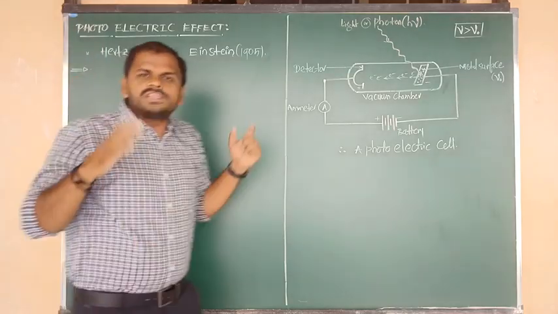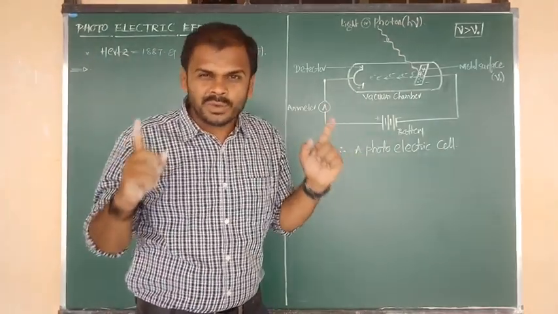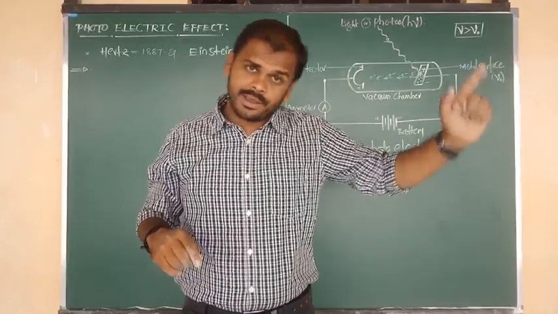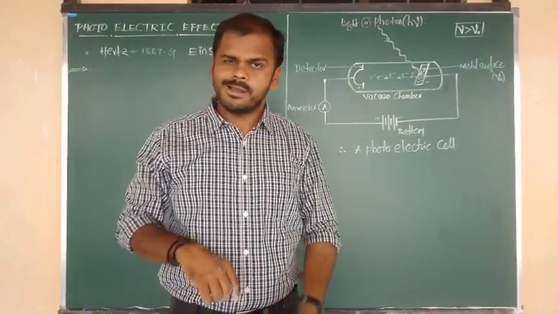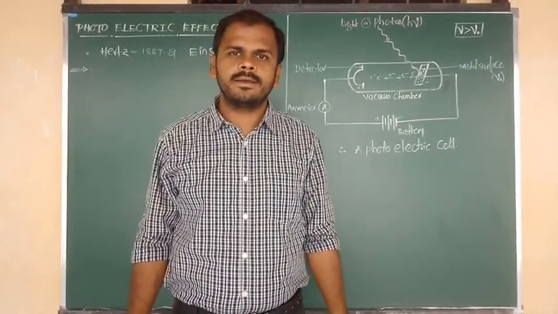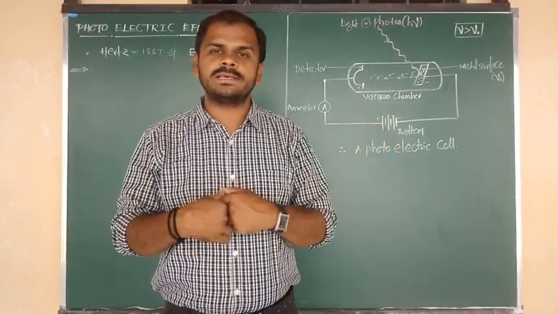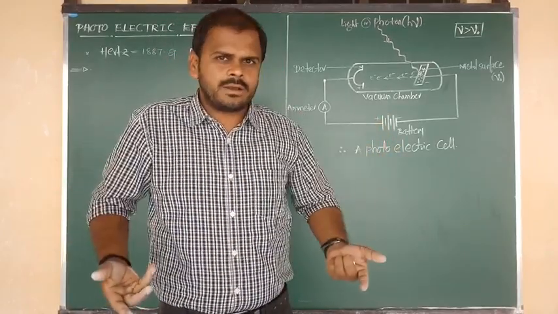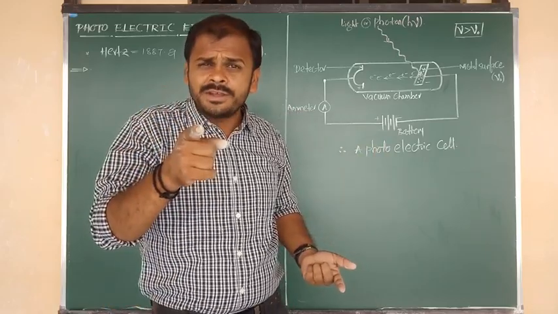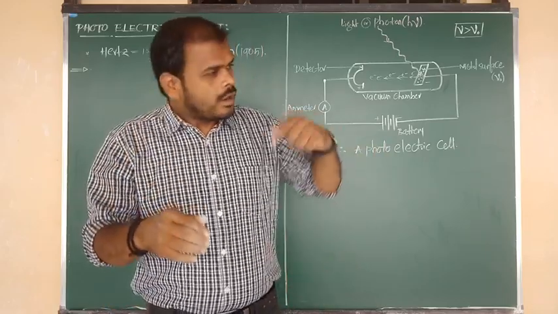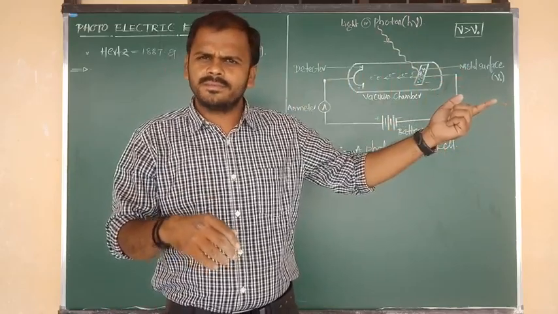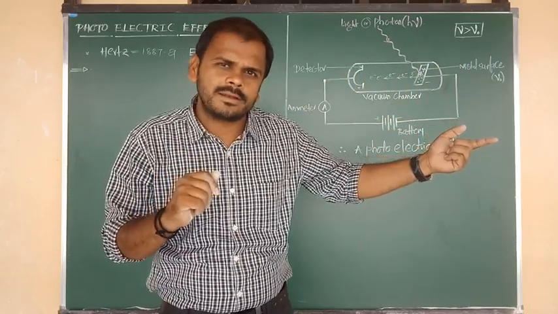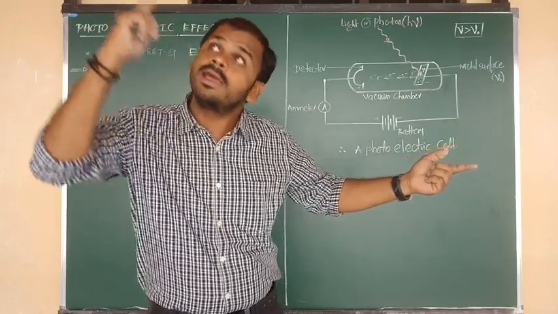Try to remember one introductory point. Which types of metals exhibit the photoelectric effect? Of course, all metallic substances, due to their electropositive nature. What is meant by electropositivity? The tendency to lose electrons on exposure to incident light.